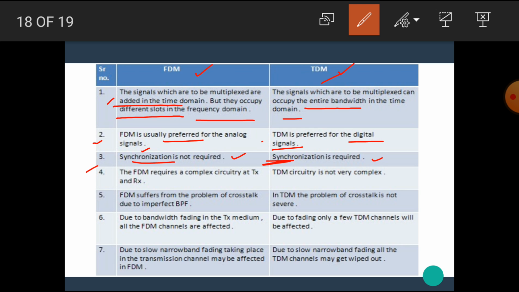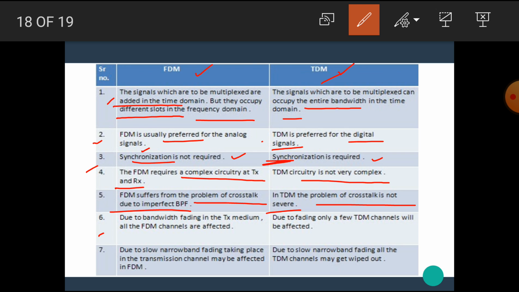TDM circuitry is not very complex at the transmitter and also at the receiver. FDM suffers from the problem of crosstalk due to imperfect bandpass filters. In TDM, the problem of crosstalk is not present.